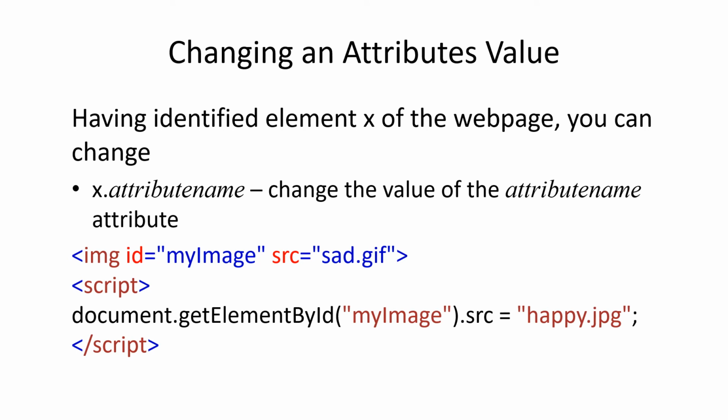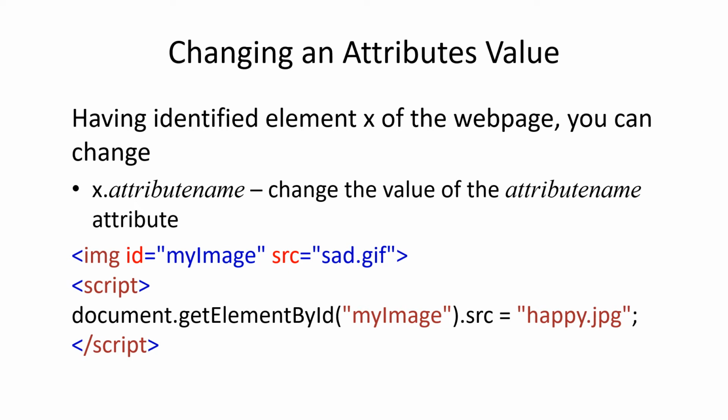There are attributes of many different types that appear in HTML elements. You can change the attribute by just giving it the attribute name after identifying the element. In this example, we have an image, and it has the ID myImage, so we can identify it, and its src, or the source for this image, is sad.gif. And then in the JavaScript, when this is executed, we call getElementById on the document object, specifying the ID.